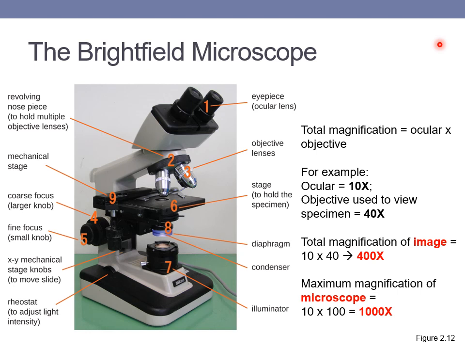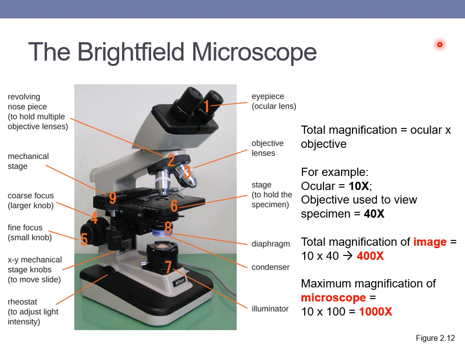So the total magnification is 10x, the magnification of the ocular, times 40x, the magnification of the objective. 10x times 40x equals 400x. So the sample viewed using the 40x objective has been magnified 400 times.